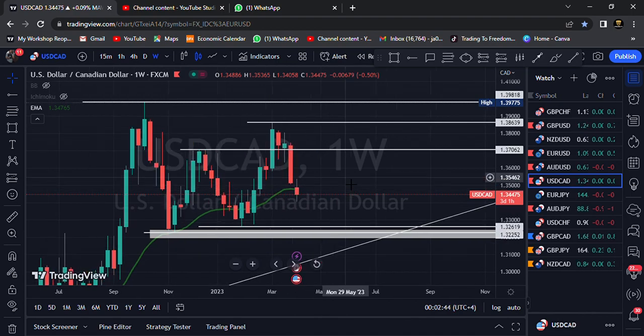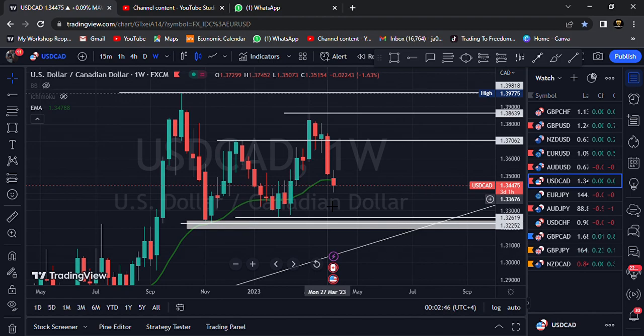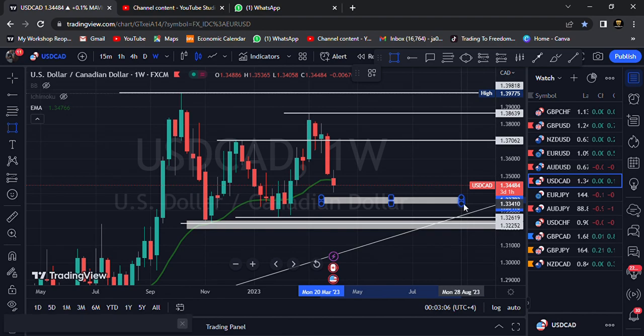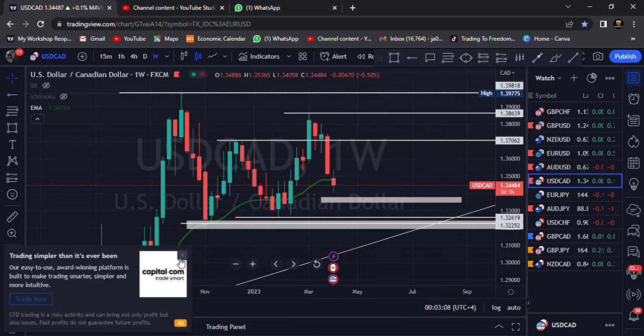So in this case, what we have to do is look further and wait. If we still trust our setup that this was a double bottom and the market is going to go up, then we can look and wait for a signal here. We'll wait for a signal around this level, a buy signal.